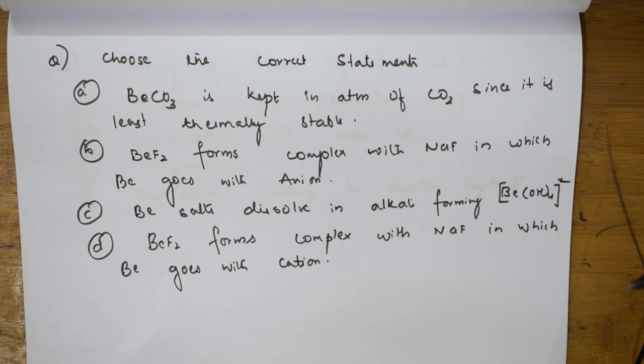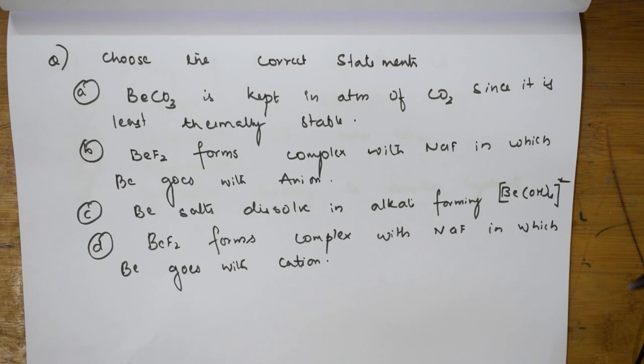That is one complex. Okay, I should say fine. That is not appropriate. Then BeF2 forms complexes with NaF in which B goes with cation. Okay, so now according to the analysis, let me see. Correct statement I need to find. First one, if I go into the depth of the topic, that is wrong basically. Second one, BeF2 forms complexes, that is also wrong.